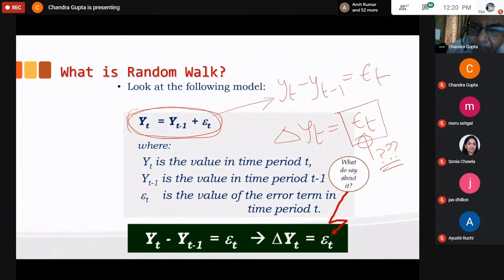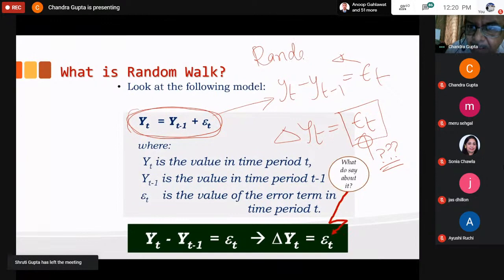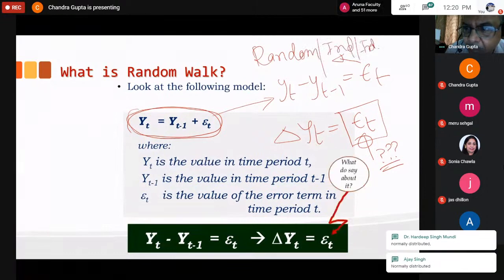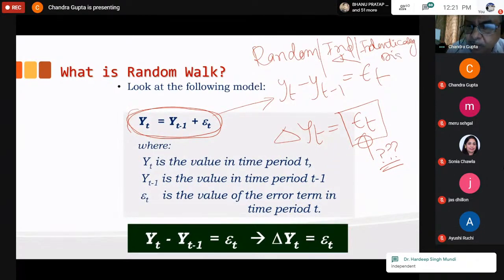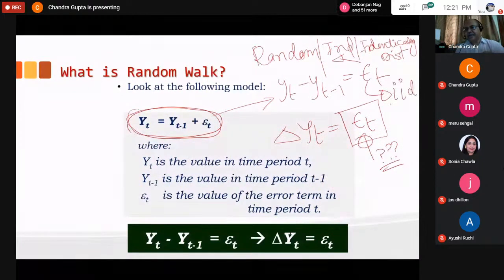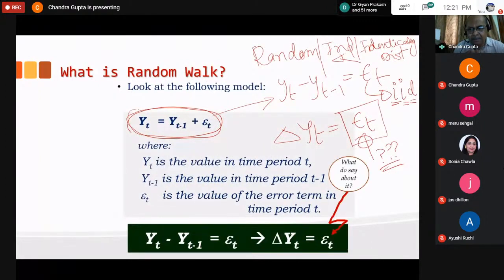It's random, independent, and identically distributed. So it has to be IID, independent and identically distributed. If the difference or the change is random, independent, identically distributed, then the series is said to have a random walk. Please understand that.